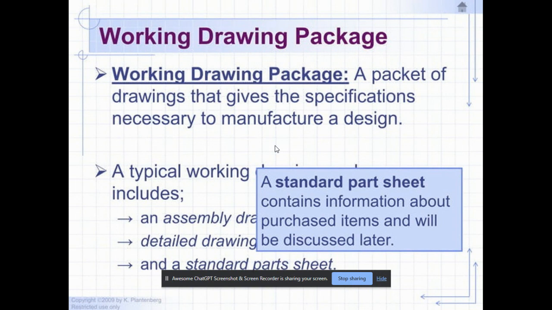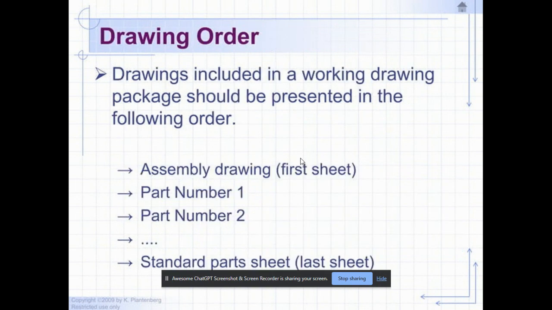That is what the working drawing is all about. It's a combination of the assembly, the details, and the standard parts coming together to ensure that we have a complete drawing ready for manufacturing.